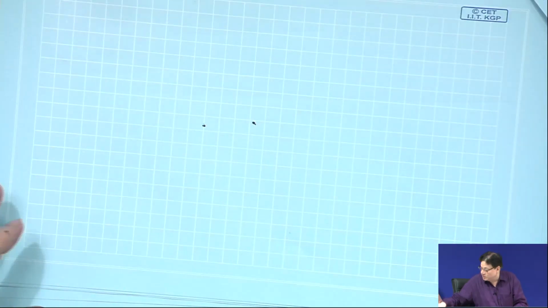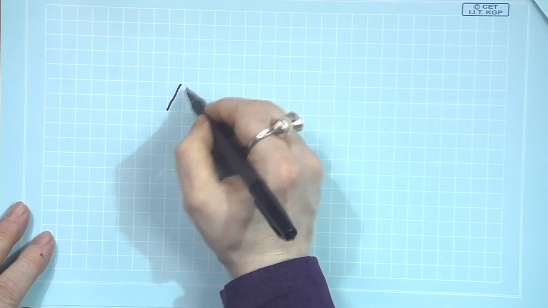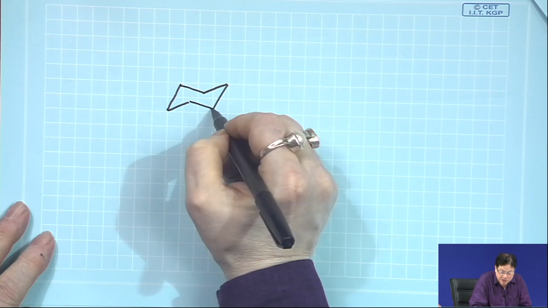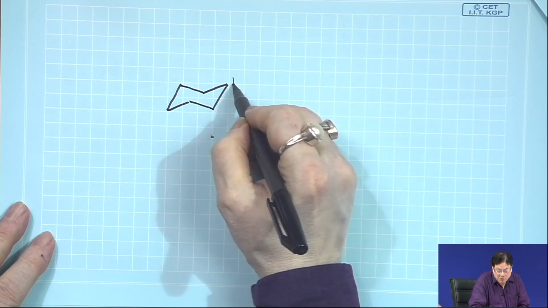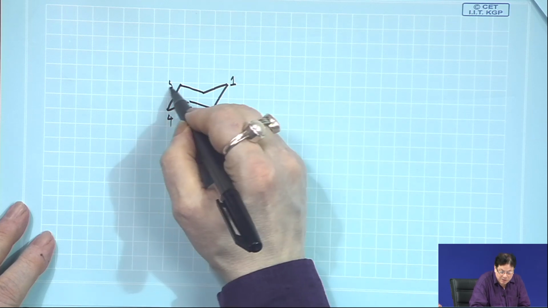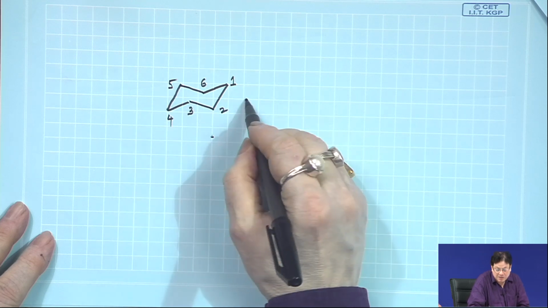Let us see the question: how do we get the view of the chair form after rotation? Suppose I draw a chair and number it 1, 2, 3, 4, 5, 6.